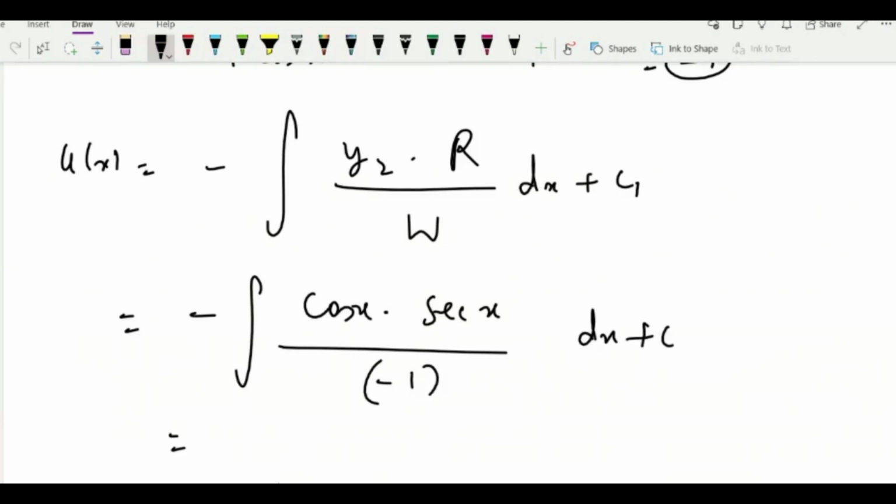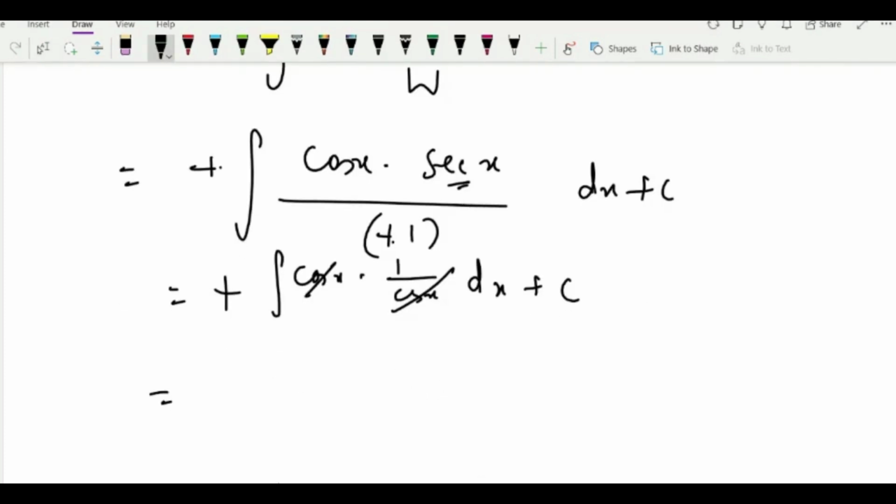We know that secant x will be equal to 1 upon cos x, so this will be cancelled out. Minus minus becomes plus. So we get plus dx plus c. The integration of dx is x plus c. So this is our u(x), and we can verify.